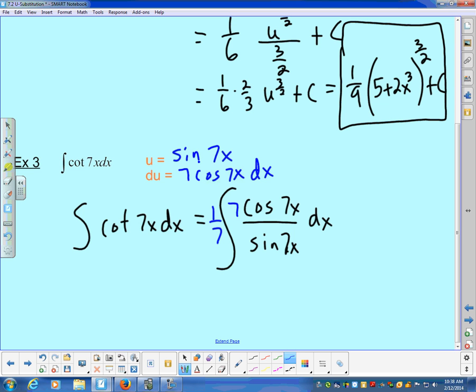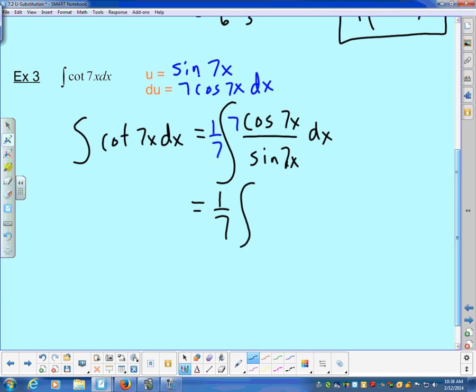That's going to give us our ln form. I think ln on your table of integrals is number 3. So it's 1/7 the integral. Let's replace here: 7 cosine of 7x dx all becomes du, and sine 7x is u.